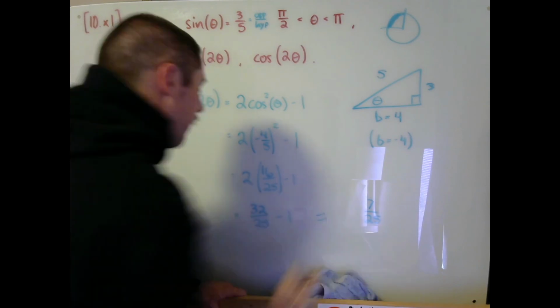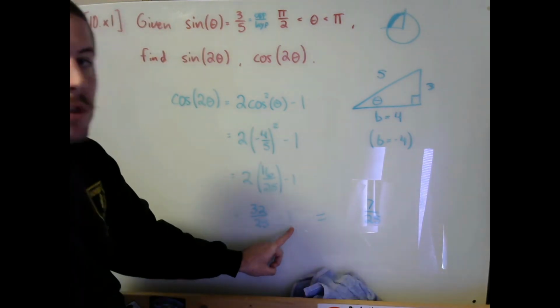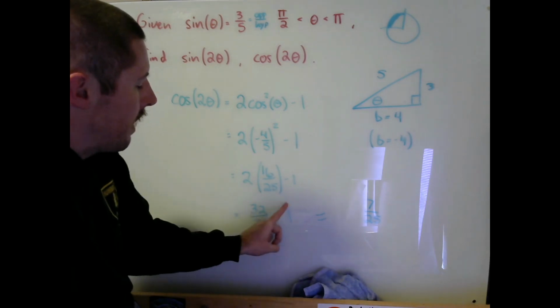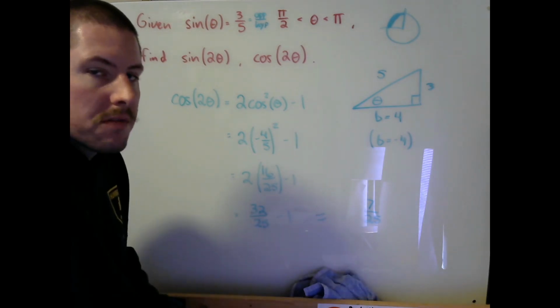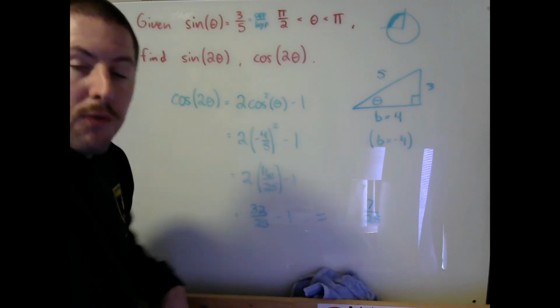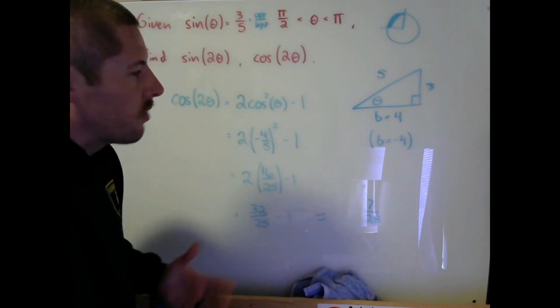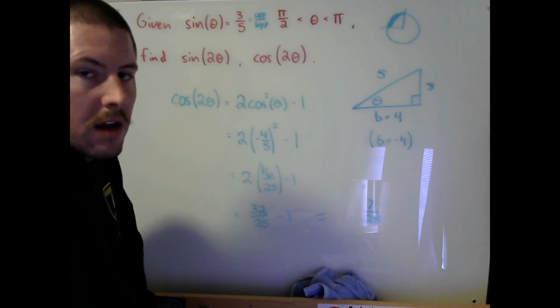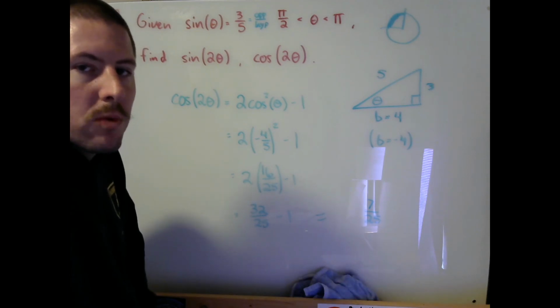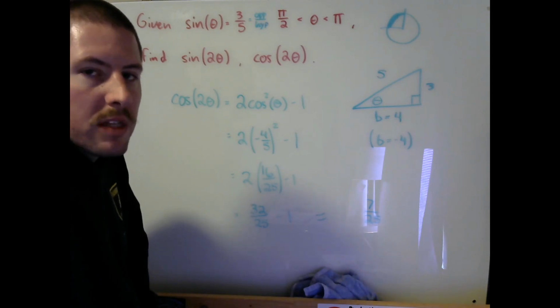And again, if I think of 1 as 25/25, then 32 minus 25 is going to leave me exactly with 7/25, just like we saw with the first version of this. There is a third different format of our double angle formula. I don't think it's really going to be the easiest way. Certainly using just the sine or just the cosine is going to be the easier of the two here. But always recognize that you've got some options when it comes to evaluating some of these expressions with the identities that we've seen.